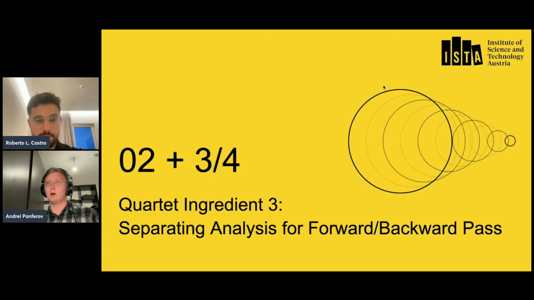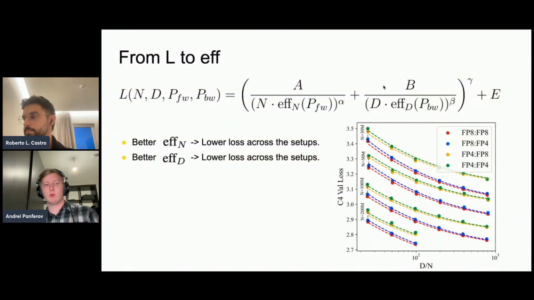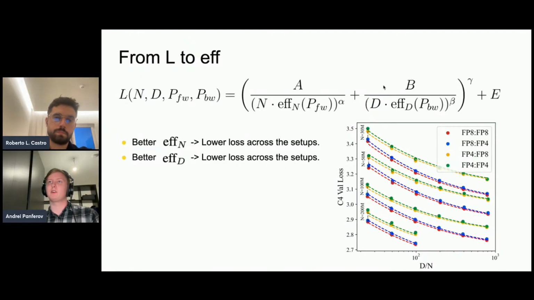And to describe how we can apply this scheme even further: we had this notion of better effectiveness, meaning that the method is better under a fixed inference budget, and in general under a fixed compute budget.